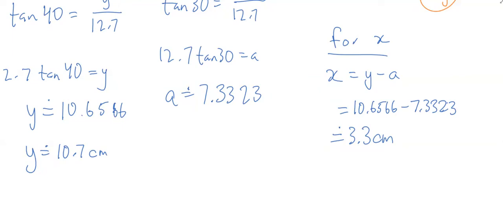And what's interesting, and this is one of these cases, is that if I use 10.7 and subtracted 7.3, I would get 3.4. So it'd be off by a tenth of a centimeter, which is not very much. That's a millimeter. So again, if I use this rounded answer and subtracted this 7.3, I wouldn't have got 3.3.